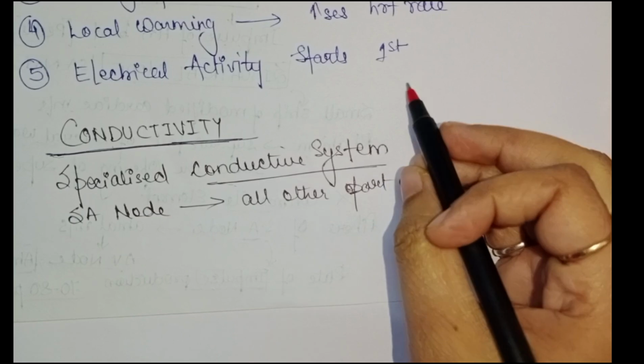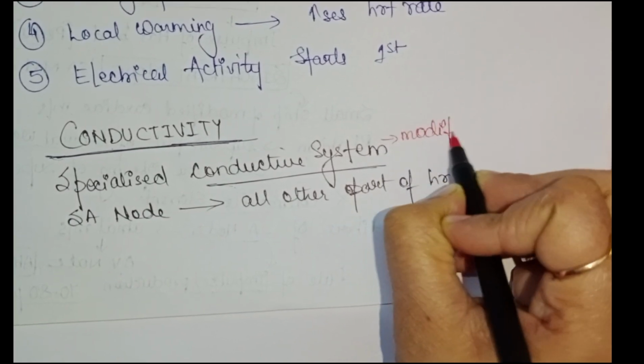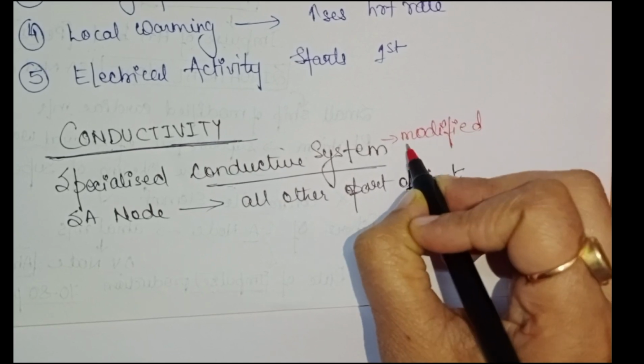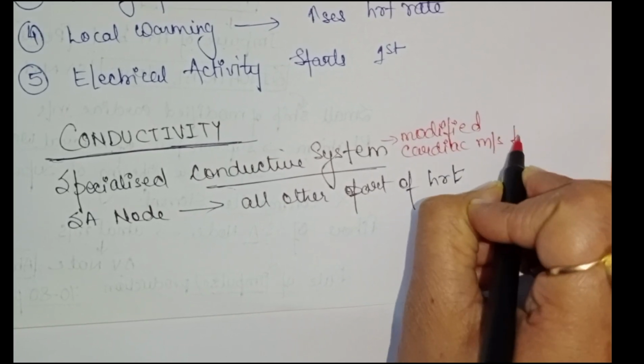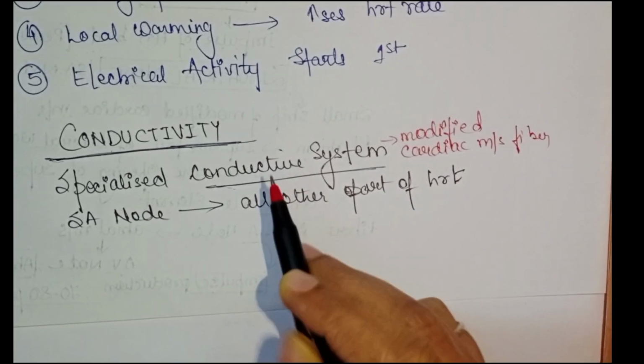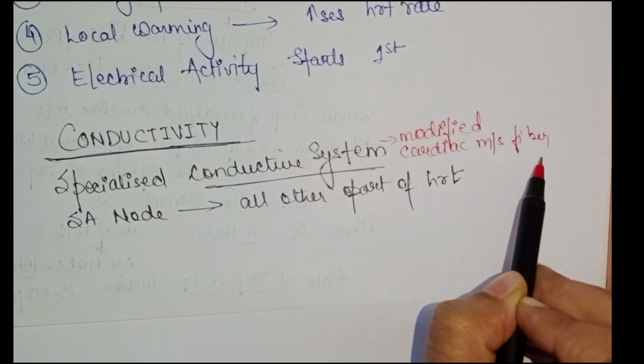Conductive system of the heart is formed by modified cardiac muscle fibers.